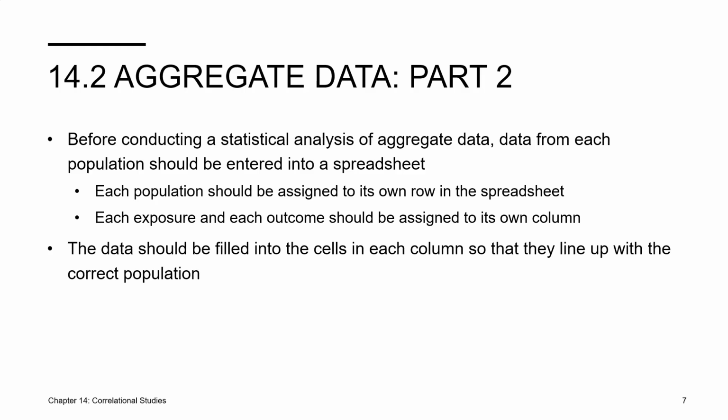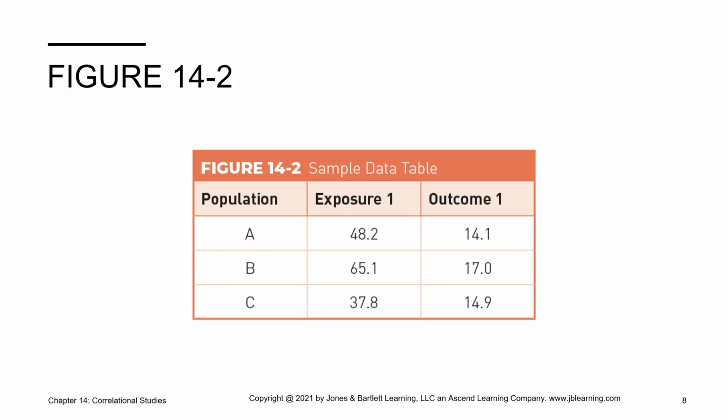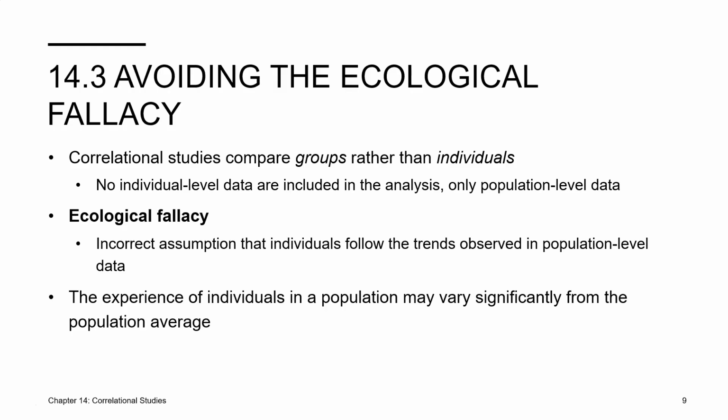Then the data should be filled into the cells in each column so that they line up with the correct population. Figure 14.2 gives an example of this. We have our population in the first column, then exposure 1 in the second column, and then the outcome in the third column. The populations are listed as A, B, and C, and then the average numbers are listed here.